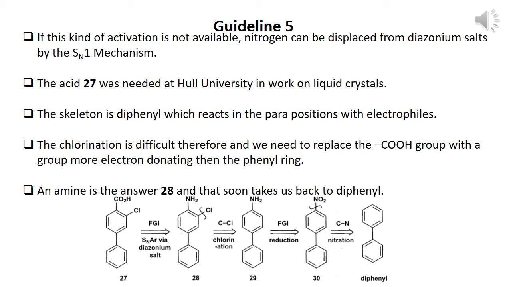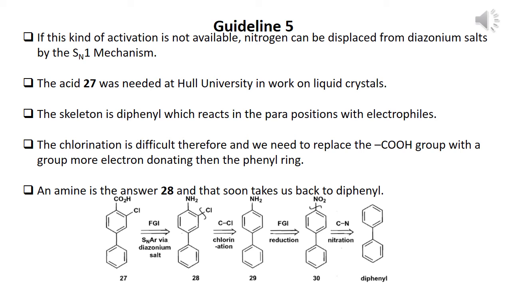First of all we are doing FGI, converting the carboxylic acid group into the NH2 group, because with the NH2 group there can be halogenation in the right direction. If there were a carboxylic group, we could not get chloro at the ortho position to it. So from 27 we can get 28 by FGI.